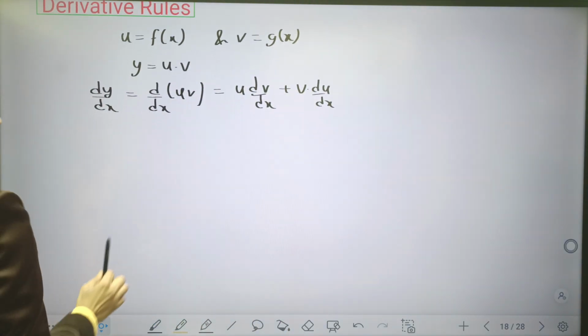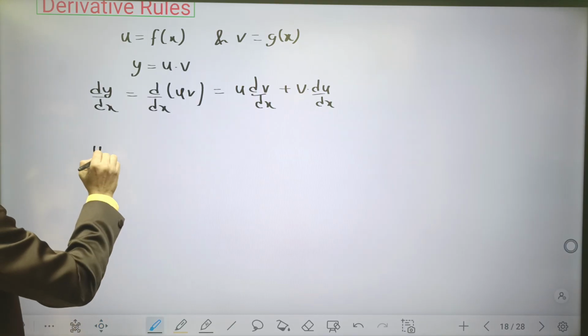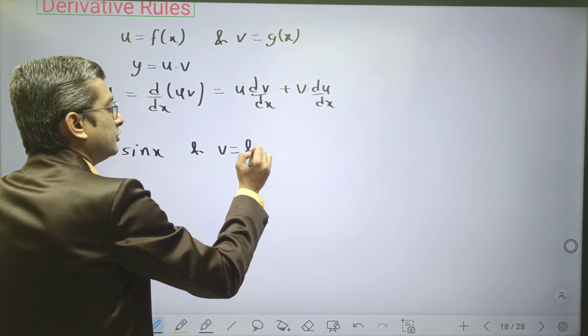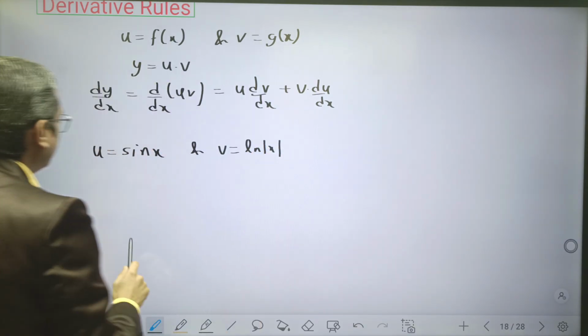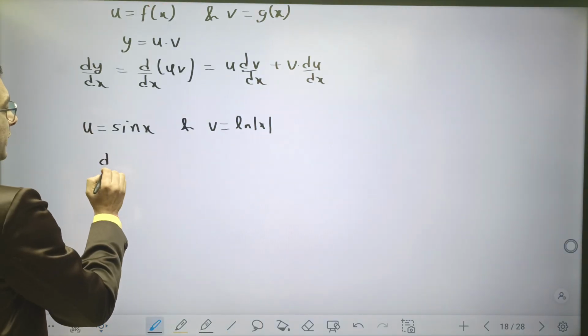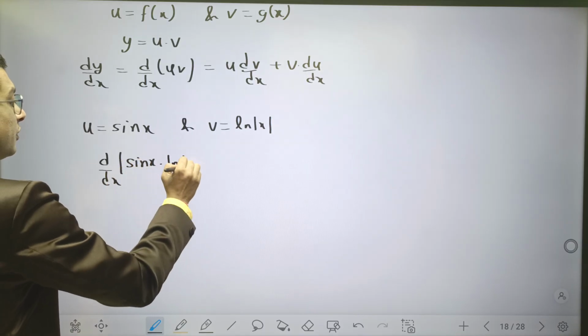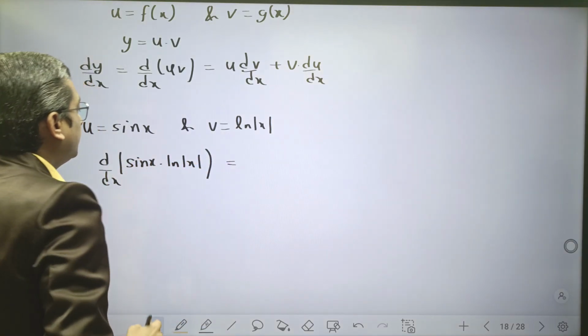So let us understand by having an example. Suppose u is equal to sin x and v is equal to log x. We have to find d by dx of sin x into log x. The formula is u dv by dx.